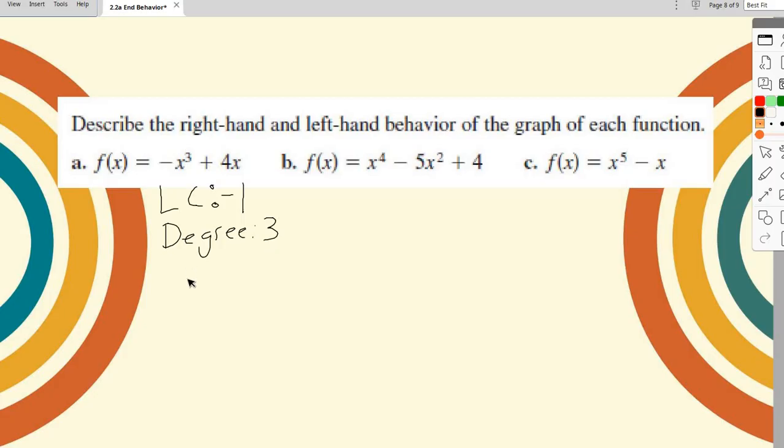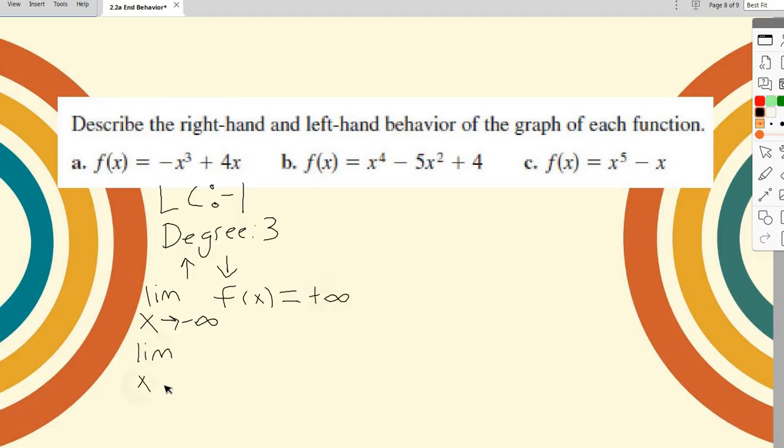And since it's negative, that means that the left side is up and the right side is down. Okay, so how would I write this as a limit statement? The limit as x goes to negative infinity of f of x is positive infinity.